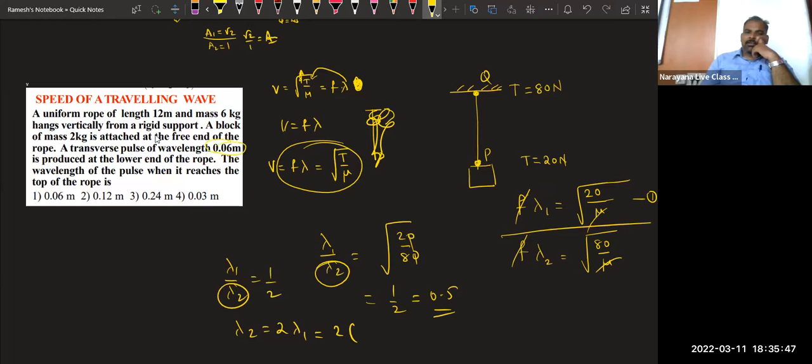Wavelength of the wave at the end, how much? 0.06. Actually, this is not your answer. I confused that he is asking lambda 1 by lambda 2. So how much is that? 0.12. That means option 2 is the correct answer.